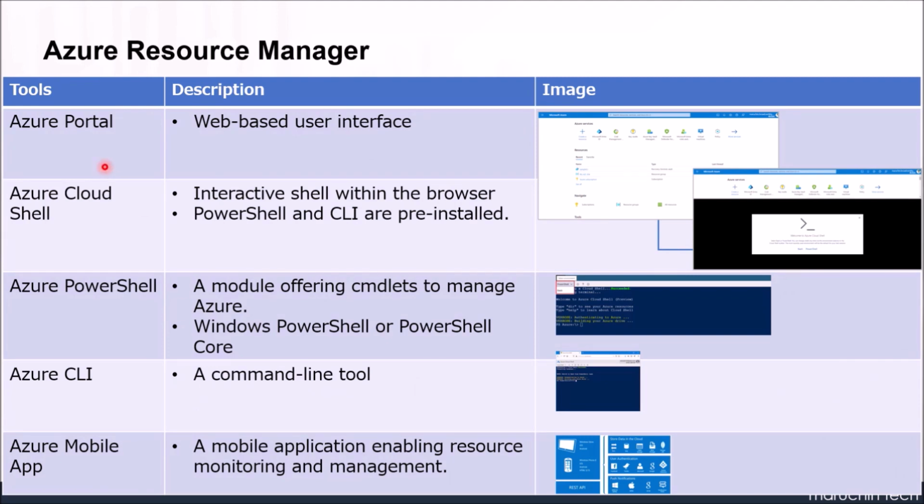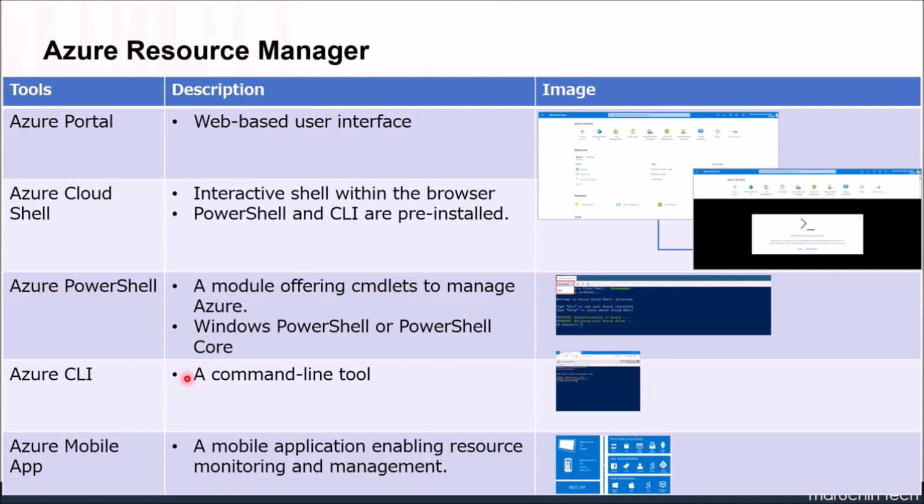The Azure Portal is a web-based user interface for managing resources. Azure Cloud Shell is an interactive shell within the browser. Azure PowerShell is a module offering cmdlets to manage Azure through Windows PowerShell or PowerShell Core.